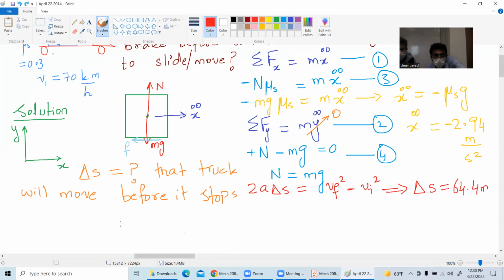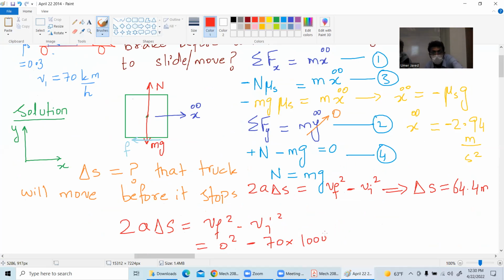So we have 2 a delta S equal to Vf squared minus Vi squared. The velocity is 70 kilometers per hour, so 70 into 1000 over 3600, squared, because 1 hour has 3600 seconds. Then this is a constant acceleration problem, so I am allowed to use this formula. So 2 multiplied by a, multiplied by 64.4.